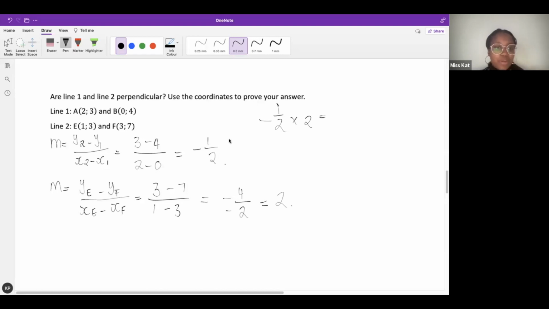Yes, they are reciprocals, Farida. And it equals -1. So these are indeed, I'm gonna write in blue, these are indeed perpendicular with a smiley face. Beautiful, guys. Now, that's great, Tando.